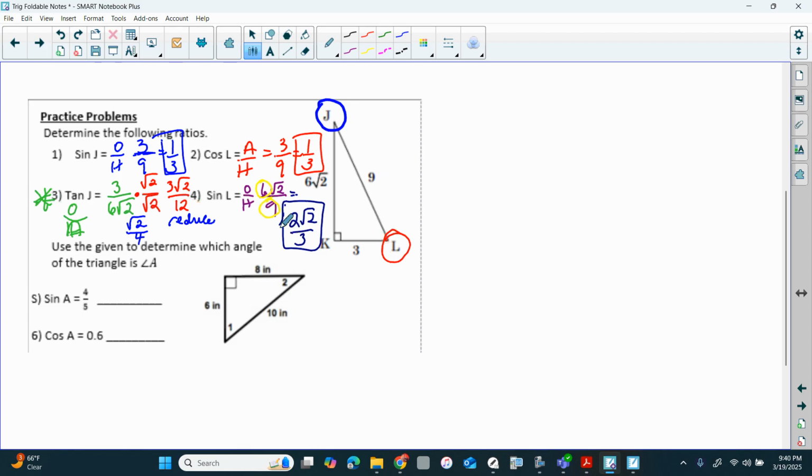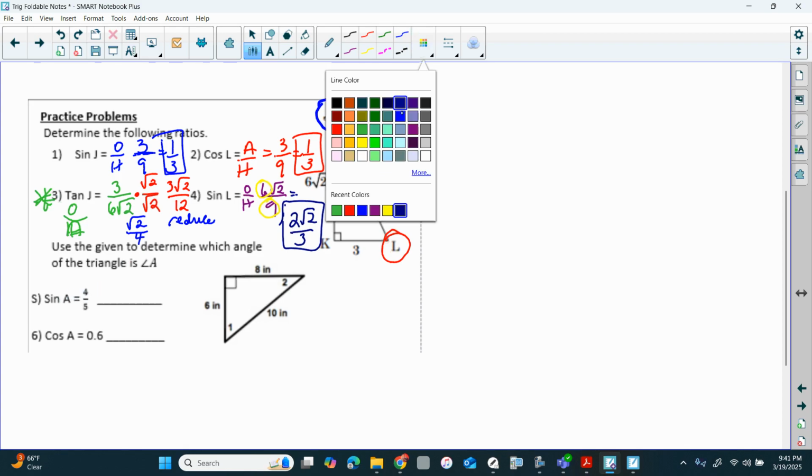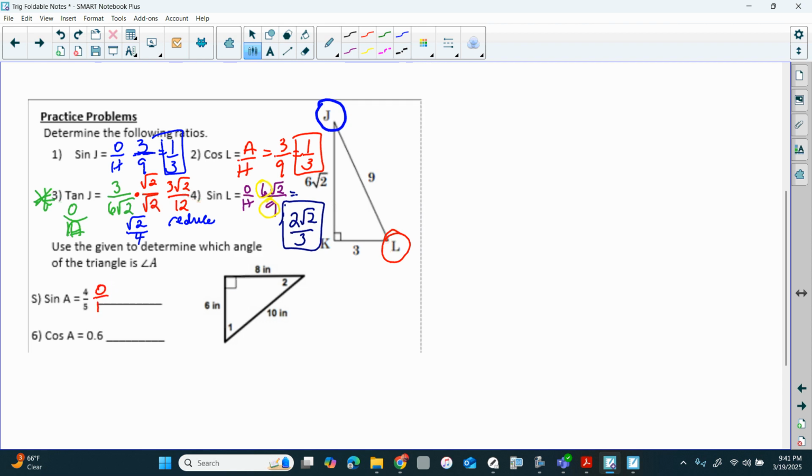Now, as for determining which angle is which when given the trig ratio, you're going to use the ratio given to determine which angle. So if I'm given the ratio sine of A, remember the sine is the comparison of the opposite side over the hypotenuse side. So that means the opposite needs to be the 4. Well, we don't have any 4s, but we know what the hypotenuse is. It's 10.